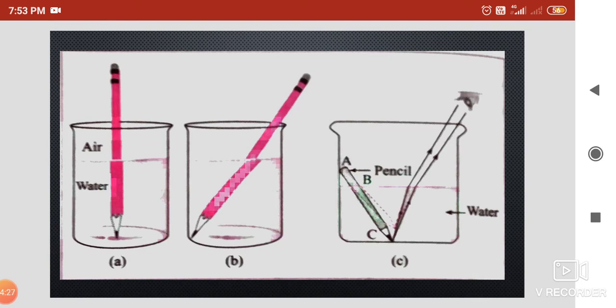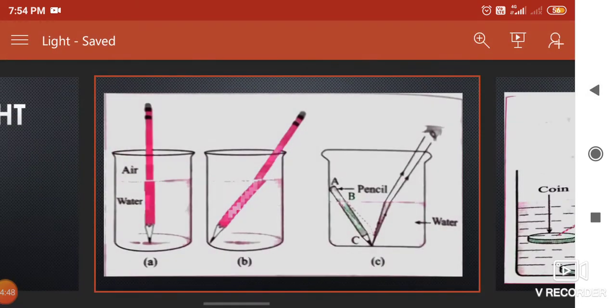This change in the direction of light is called refraction of light. Again, when light is transferred from one transparent medium to another, there is a change in the path of light.